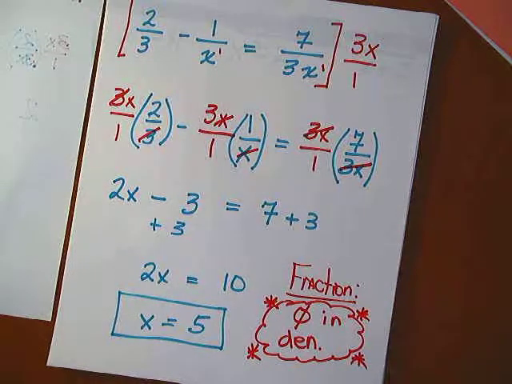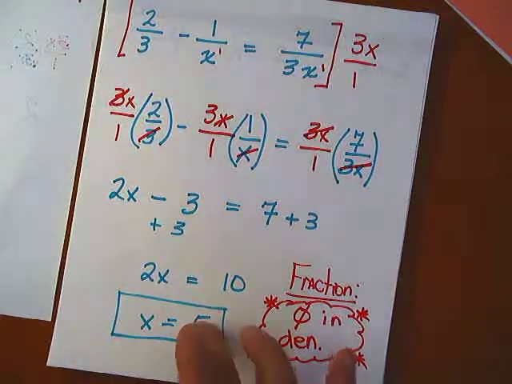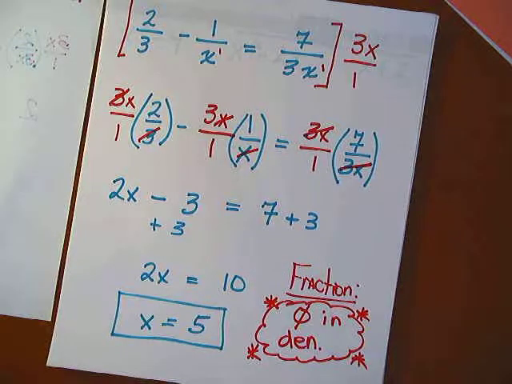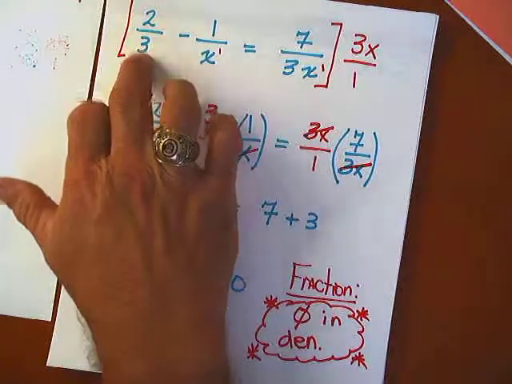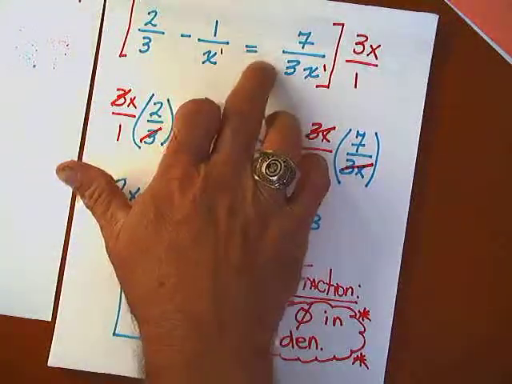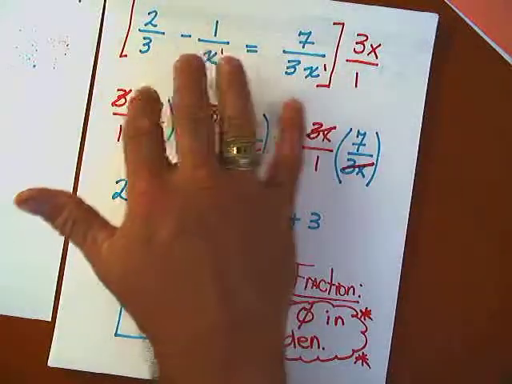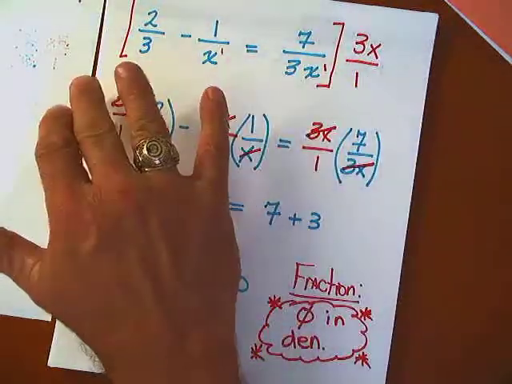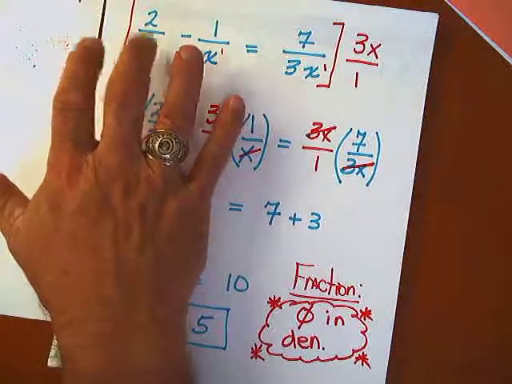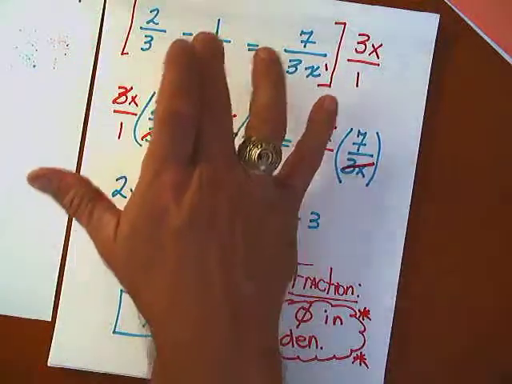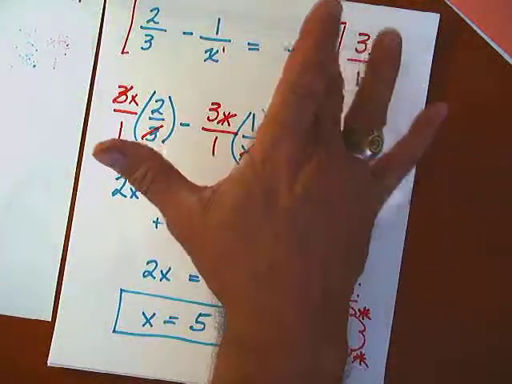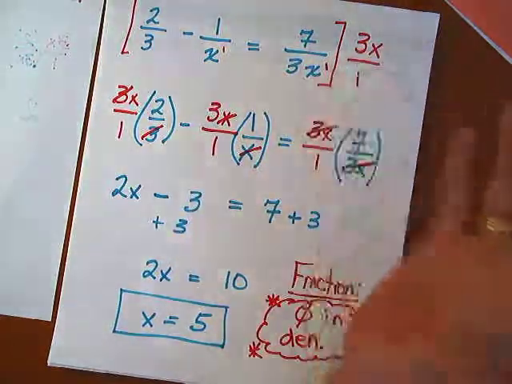So you have to check. Each time you get a solution, you have to mentally, and I tell people to do it mentally because unless you're told to do it physically, you need to take that number and you need to mentally plug it in there, there, and there, in all 3 of these denominators.